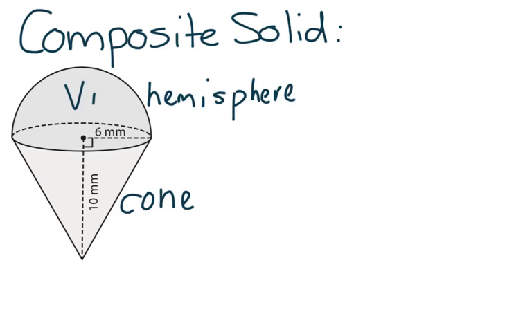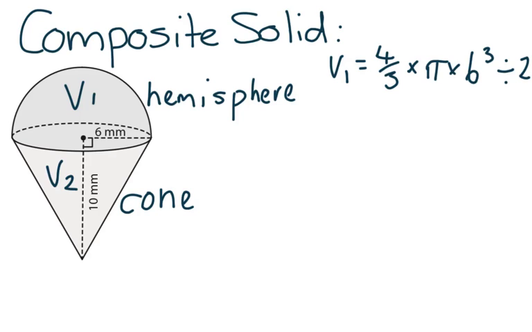So we'd need to calculate both of the volumes. So we're going to do V1 and V2. V1 is 4/3 times pi times 6 cubed divided by 2, because remember we're only doing a hemisphere. And to 1 decimal place we would get 452.4 millimeters cubed. Now we can do volume 2.